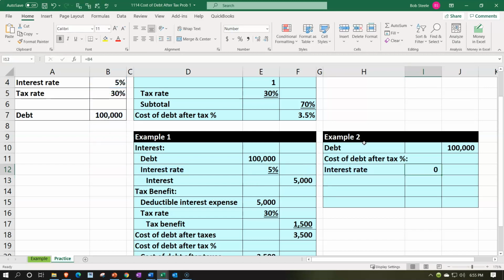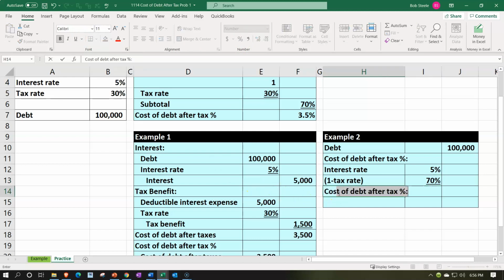Let's go to the numbers group, make that a percent, and then I'll calculate this in one line here, the 1 minus the tax rate, and that's going to be equal to 1 minus the 30%. Make that a percent, numbers group, percentify, font group, and then underline, and that'll give us the cost of debt after tax percent, but get rid of the colon on the end.